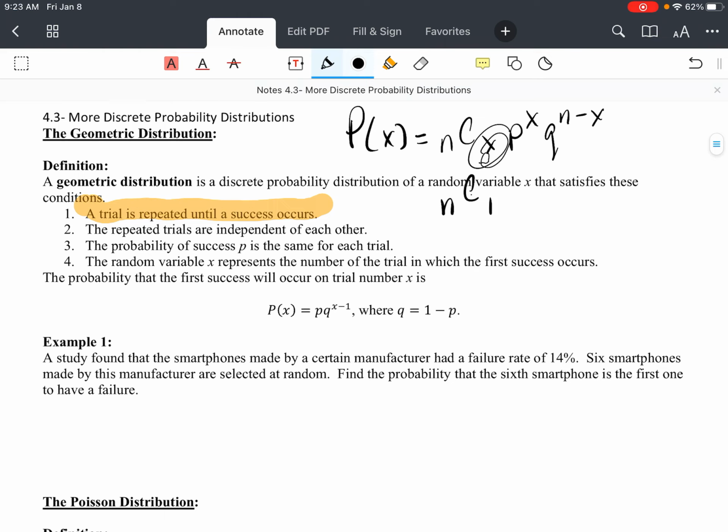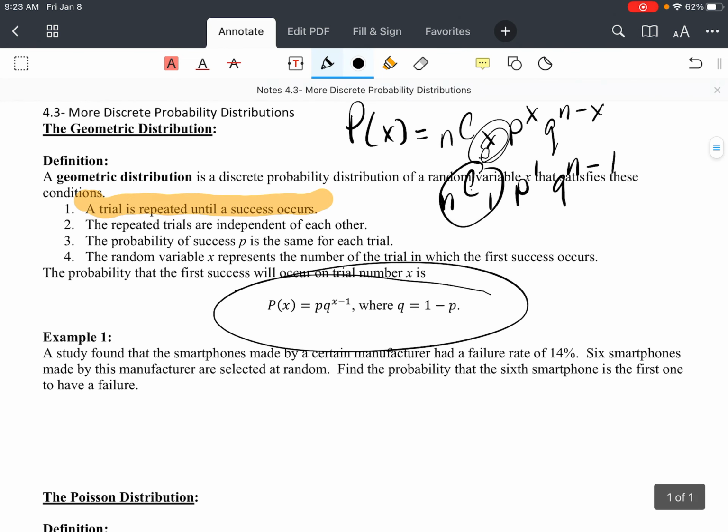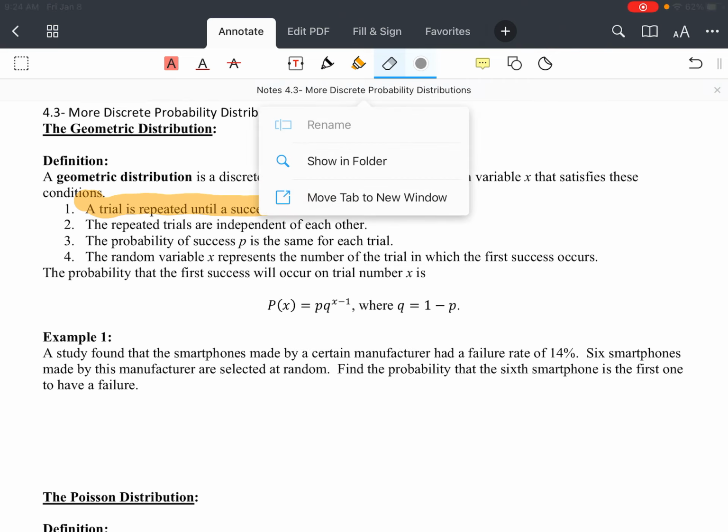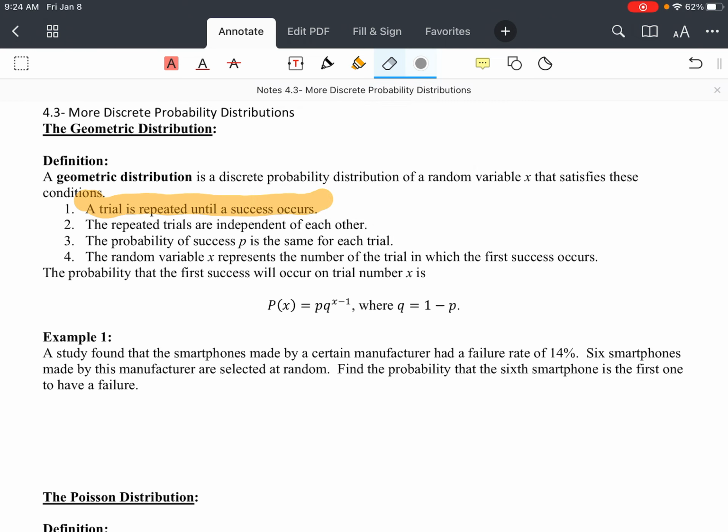So this would be nC1 times p raised to the first power, q raised to the n minus 1, which ends up being very similar to this. nC1 is actually going to end up being 1. So we do end up with the same formula if we plug in one success.